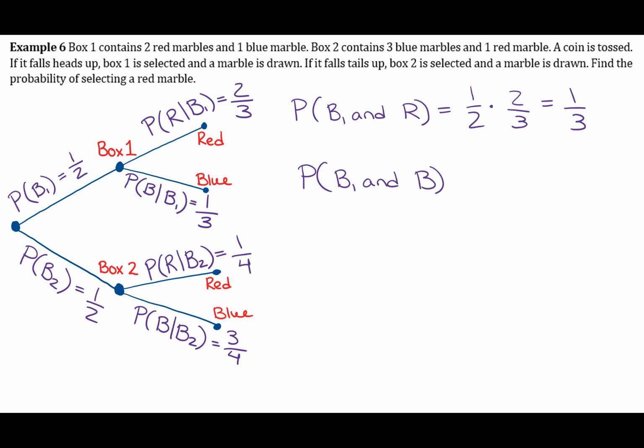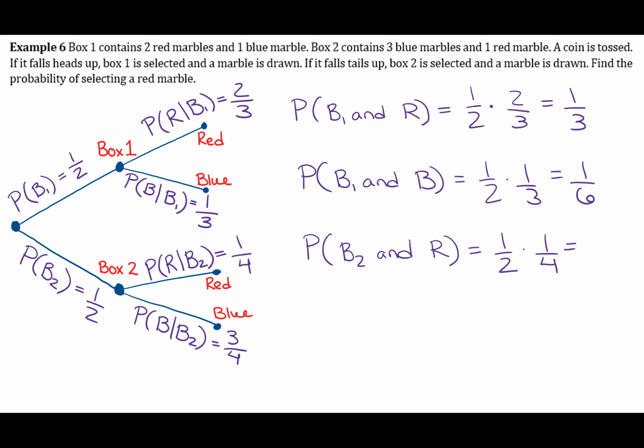Okay, then we'll do the probability of box 1 and blue. So that's the 1/2 times 1/3. And then box 2 and red would be the 1/2 times 1/4. And then the last pairing is box 2 and blue. So we do the 1/2 times the 3/4.